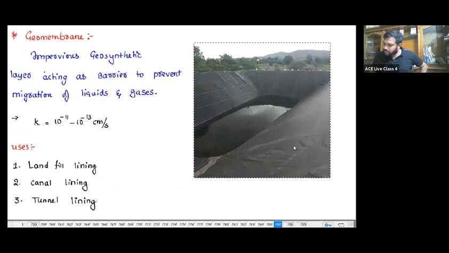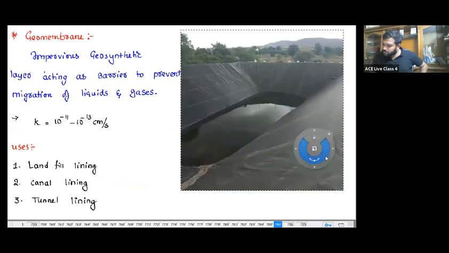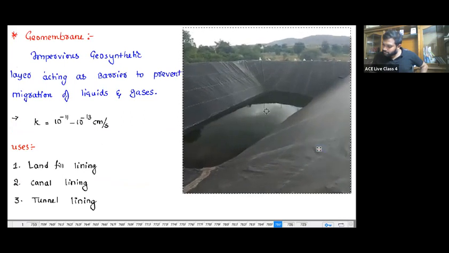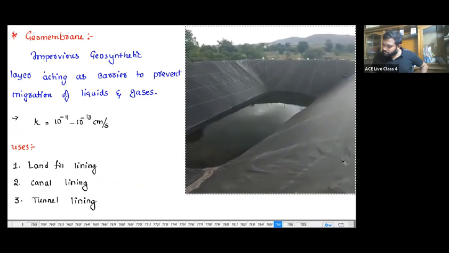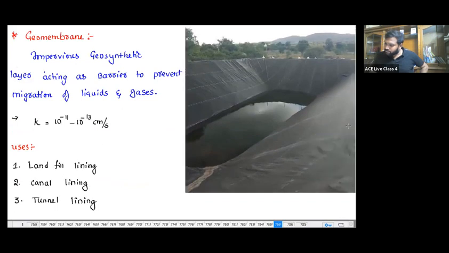Yes, you can see. This is nothing but a geomembrane. Its main function is containment.